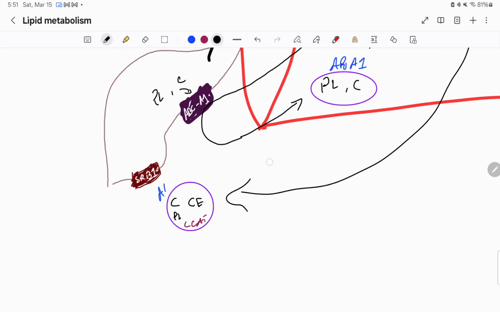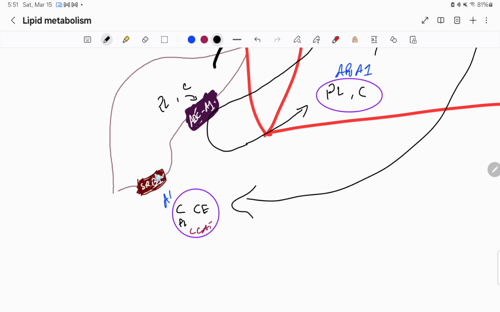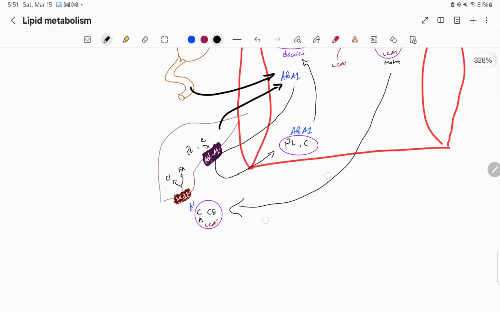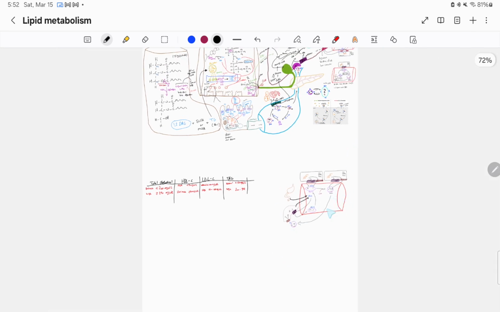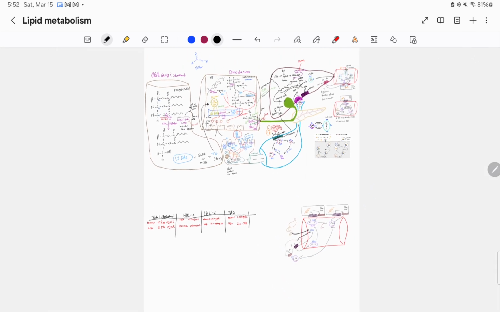It'll internalize the entirety of this HDL molecule, releasing cholesterol from it, internalizing and degrading it, releasing some fatty acids from it, and phospholipids, et cetera, okay? But that is the actual pathway for how HDL circulates, okay?